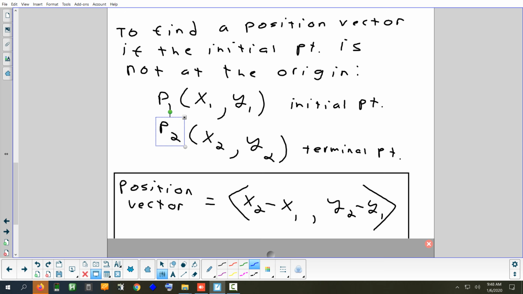Okay, so all we have to do to find a position vector, exactly what Emily said, subtract them. End, or terminal, minus initial. Do that for the x's. Terminal minus initial. Do that for the y's. Put the brackets, put a comma between it, and that's your vector.